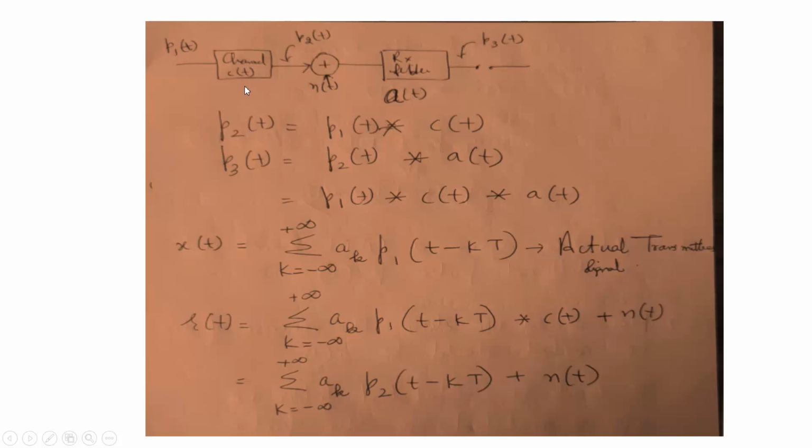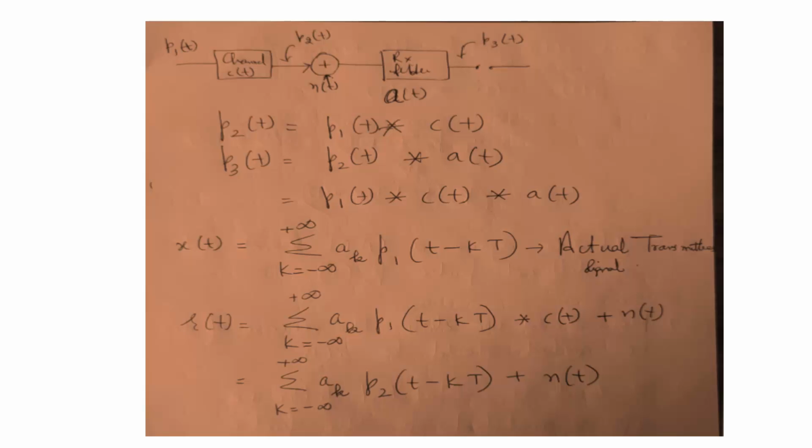So that means all in all, we have only this p1(t). The designer has control over this p1(t) pulse only, that is, how to design the shape of this pulse so that the optimum receiver can be designed. And once the bit stream is traveling through the channel, the waveform should not spill over from one symbol period to the other symbol period.